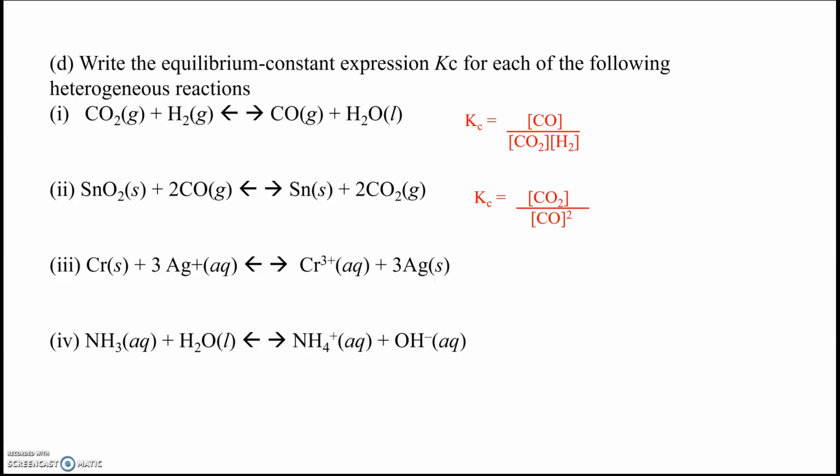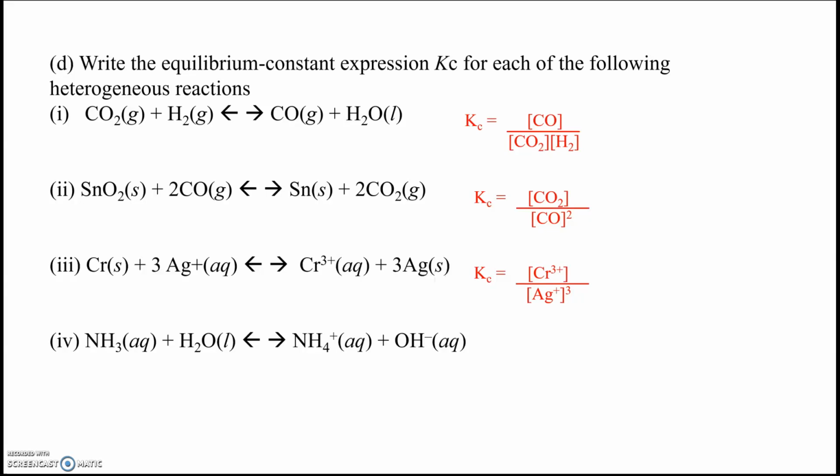For reaction number 3, now when we look at this, we take chromium ion raised to the first power, leaving out the silver in the numerator. In the denominator, we have silver ion raised to the third power because the stoichiometric coefficient is 3, leaving out the chromium.